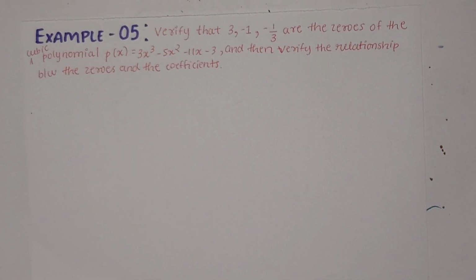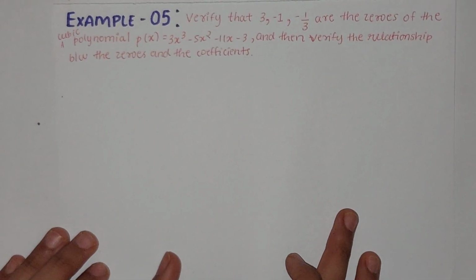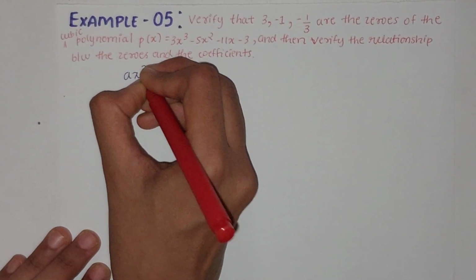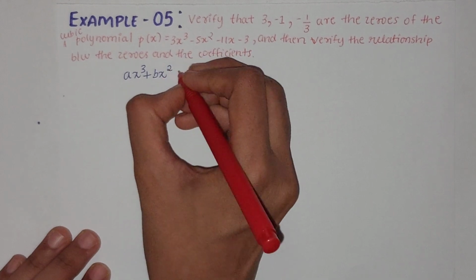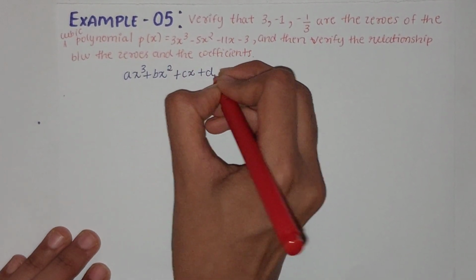Yes, example 5. Let me tell you that in example 5, such questions on cubic polynomials, finding zeros or verifying the relationships, will not be asked in your exam. Even in your textbook it is given as not from the examination point of view. But still, if you really are curious about it, then you can watch it. First I'll write the general form of my cubic polynomial: ax cube plus bx square plus cx plus d.